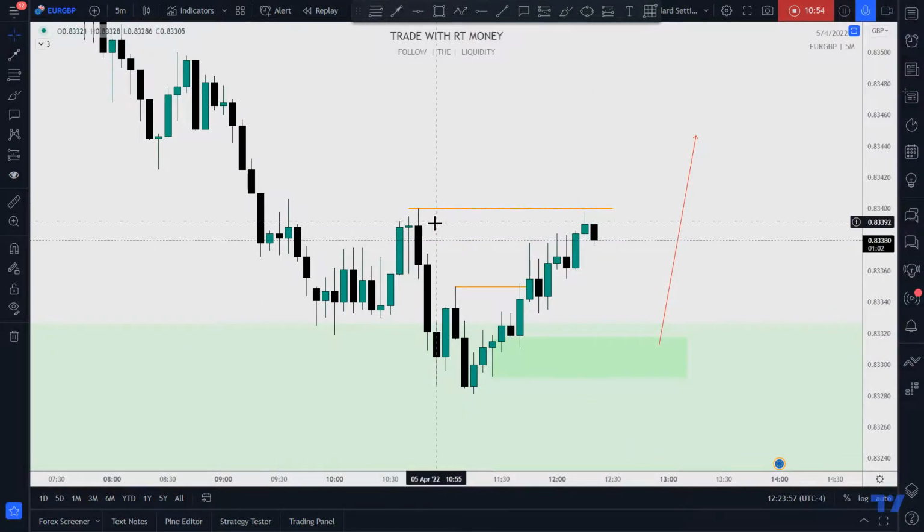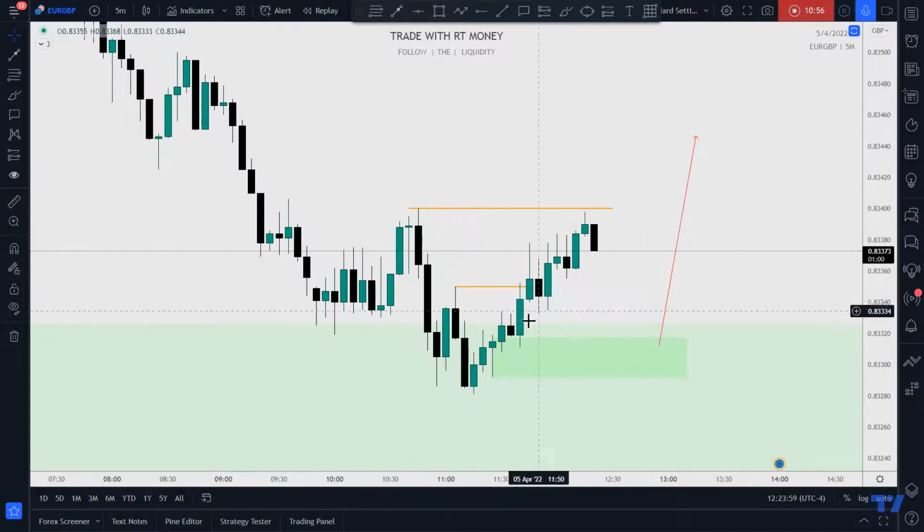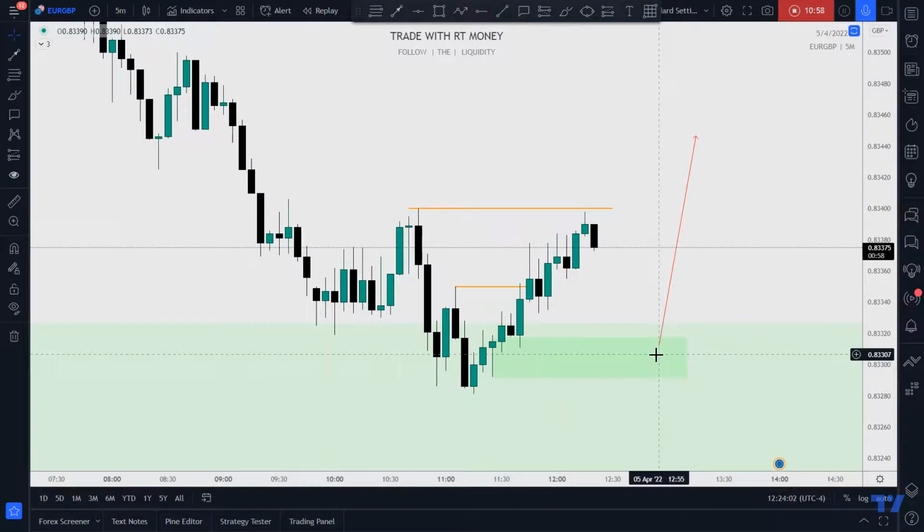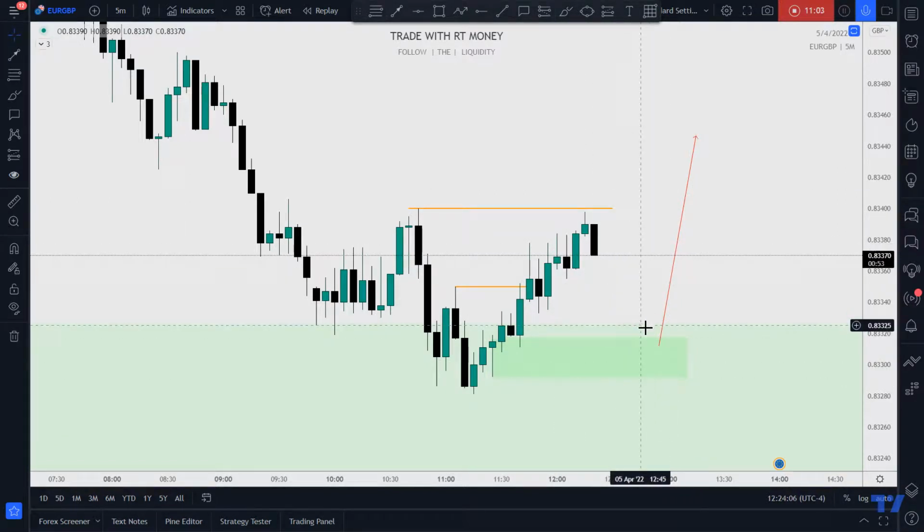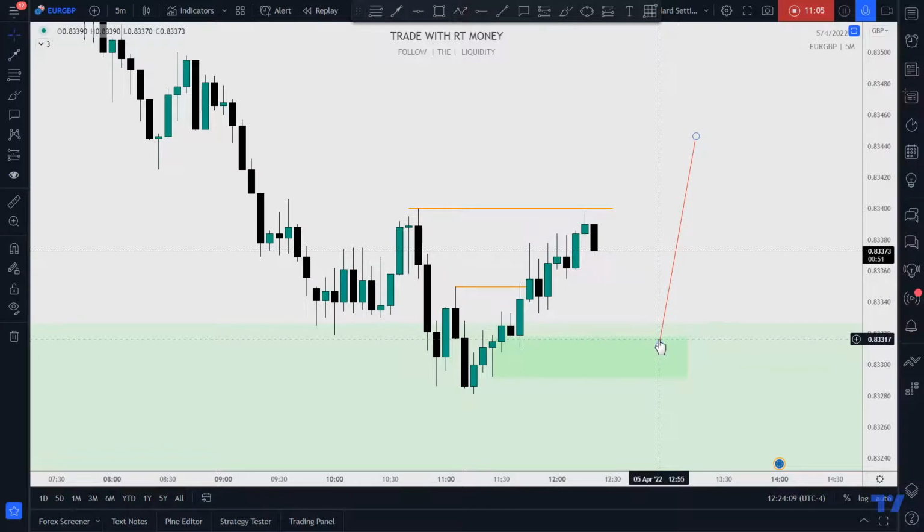I need this one broken. I need that high broken. If price comes back here and gives us bullish price action, this will be a great trade to take, in my opinion.